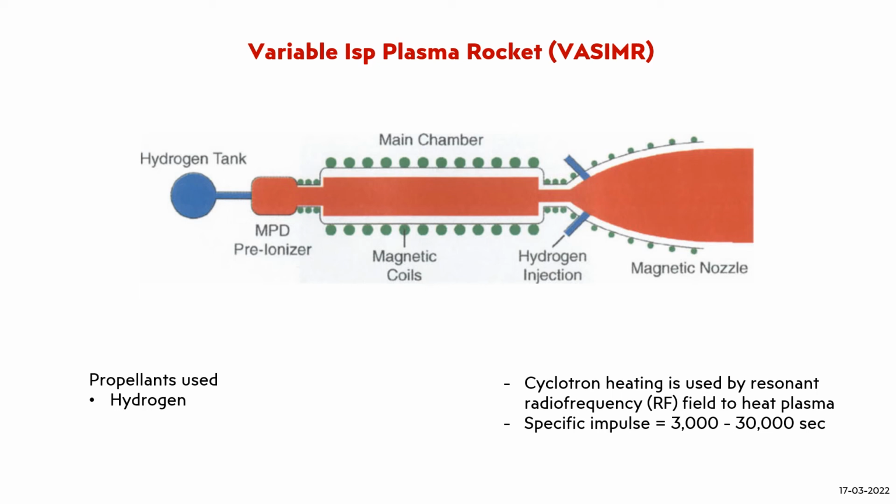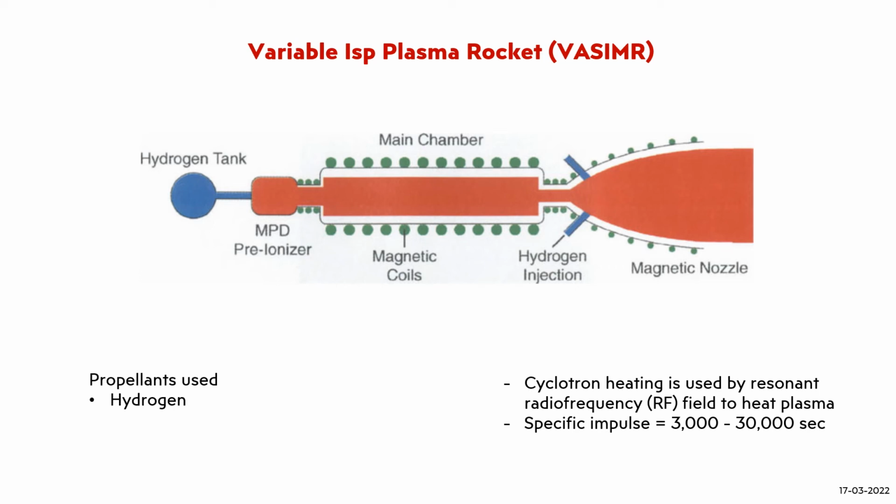Hydrogen propellant can be injected into the plasma exhaust for cooling purposes. The magnetic nozzle can control the thrust by varying the nozzle cross-section. On the other hand, the specific impulse can be varied by changing the RF heating power from 3,000 to 13,000 seconds. This enables changing the thrust and the specific impulse independently of each other and enables the performance to be tailored to a specific mission.